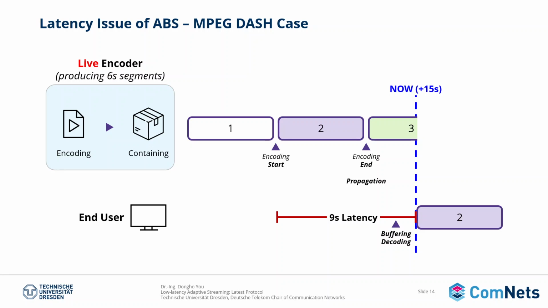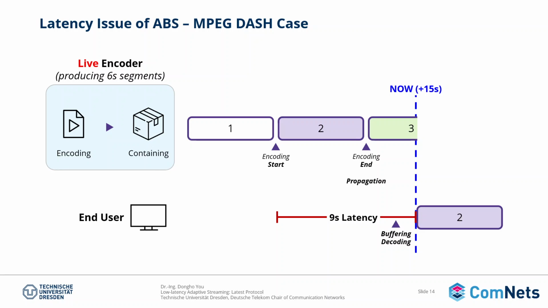Especially on the encoder side, the encoded segment can be transported only after finishing the encoding. Again, the encoded segment can be propagated only after finishing the encoding process. That's why a delay at least as long as the segment time is inevitable.